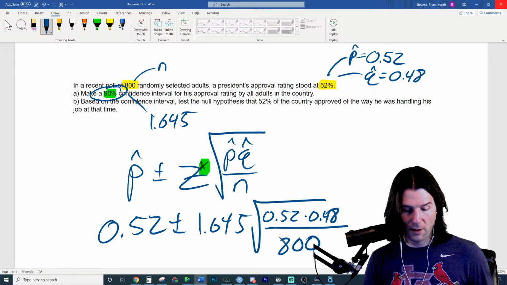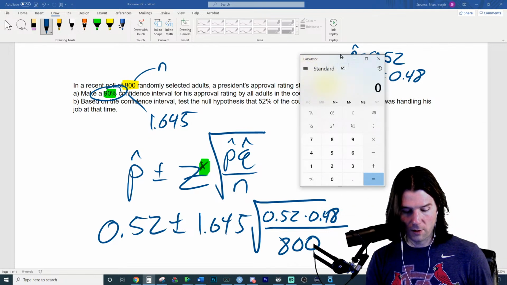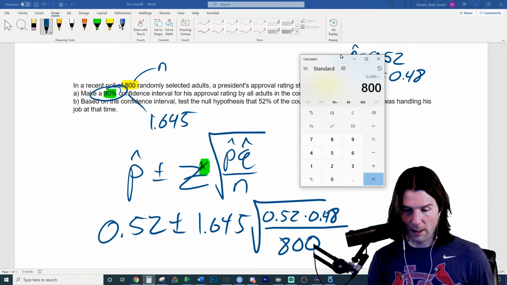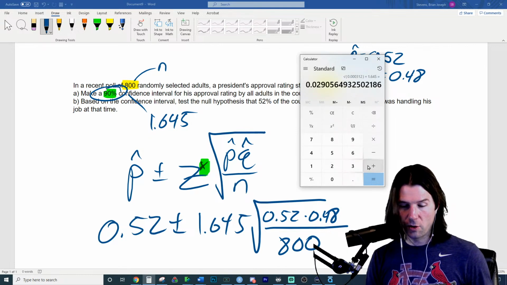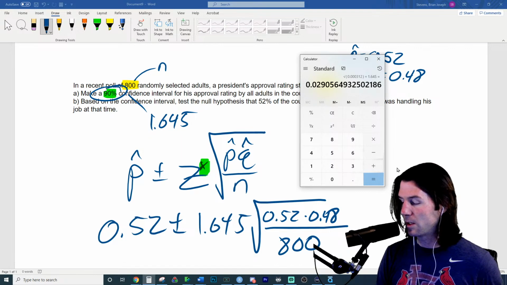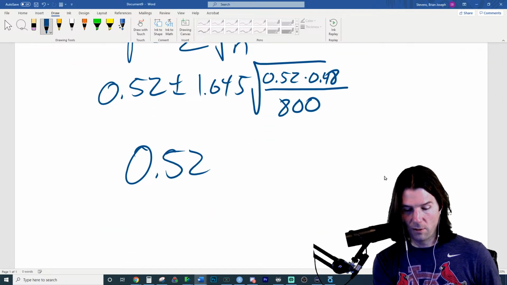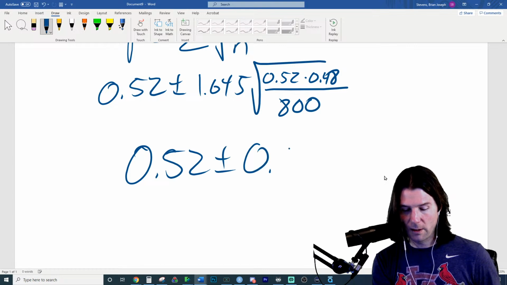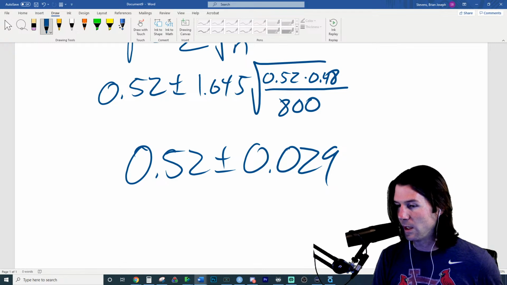Let's just solve this right here. 0.52 times 0.48 divided by 800, square root, times 1.645, about 2.9%. I wish that could be 3%, but it's 2.9. So 0.52 plus or minus 0.029. There we go. I think that's all the decimals we'll need.